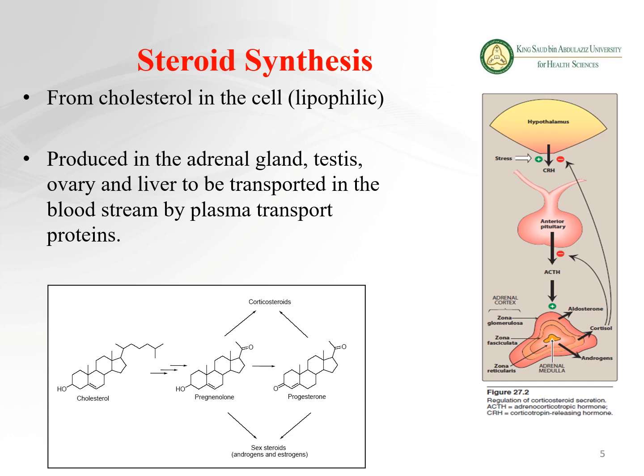So steroids are synthesized from cholesterol, and they are produced in the adrenal glands, testes, ovaries, and liver to be transported in the bloodstream by plasma transport proteins. So mainly they are transported in the form of attached proteins. Some are in the free form, and only the free form of the steroids is active.